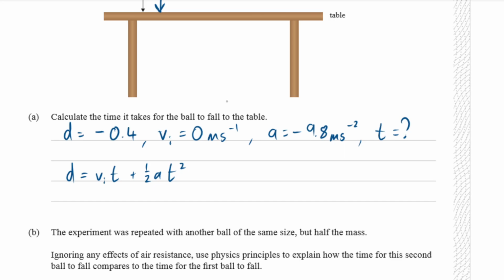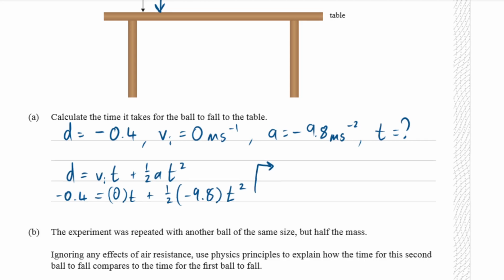So negative 0.4 for D, VI is 0, so 0 times T just becomes 0, which we don't need to write, but I will just to show the step. 0 times T plus half A, which is negative 9.8, T squared. So we've substituted in the values.